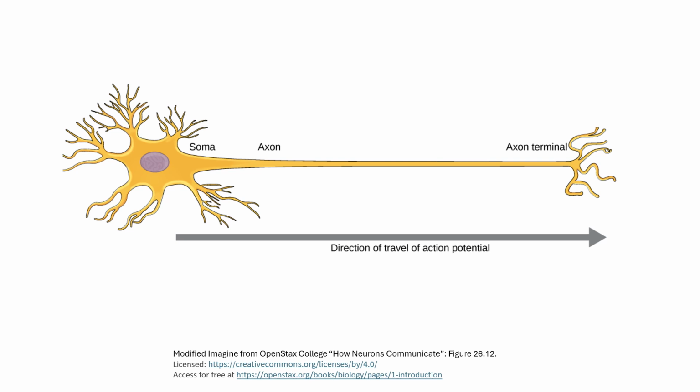This repolarization is necessary so that the neuron can then generate another action potential. And as I stated in the prior video, some neurons can generate well over 1,000 action potentials per second. So it is essential that every single one of these regions return to at least close to the resting membrane potential.